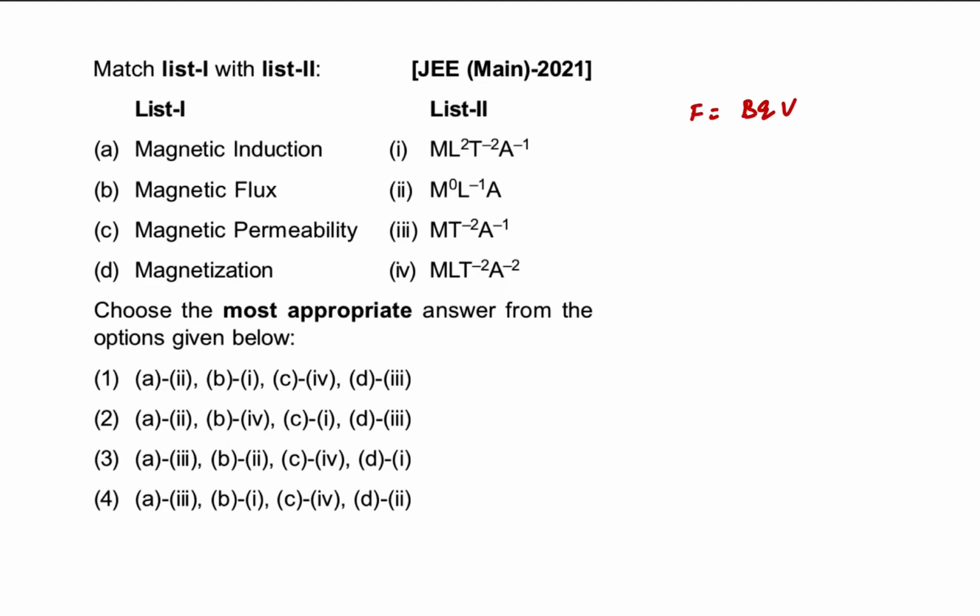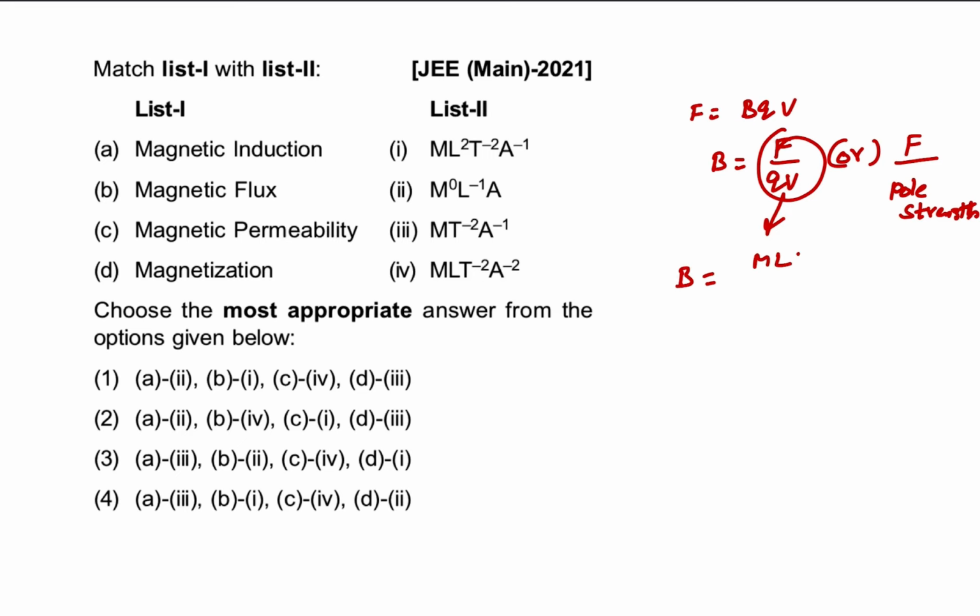Earlier I have written F is equal to BQV, from this B is equal to F divided by Q into V, or we can write force per pole strength also. Anyway, I have written in terms of pole strength earlier. Now I will write in terms of F and QV.